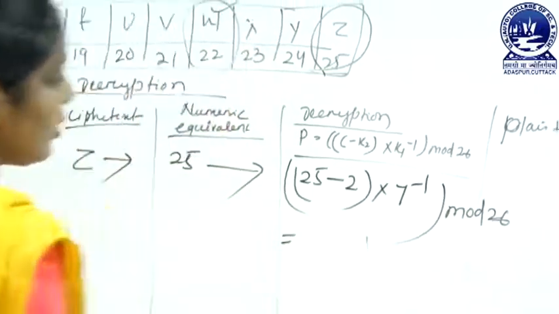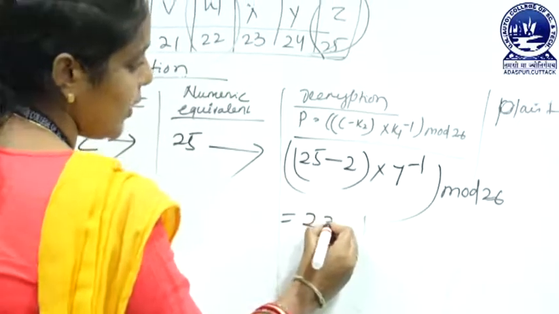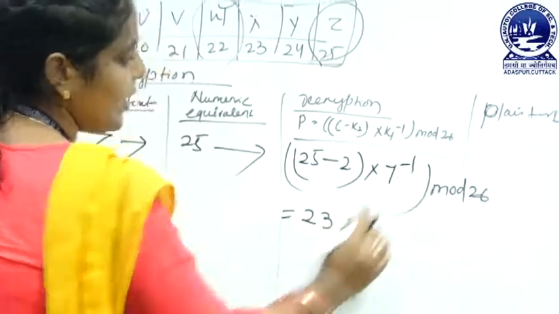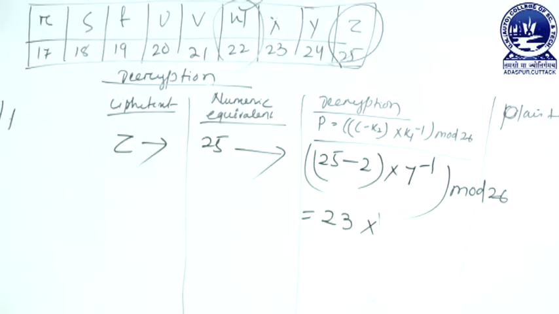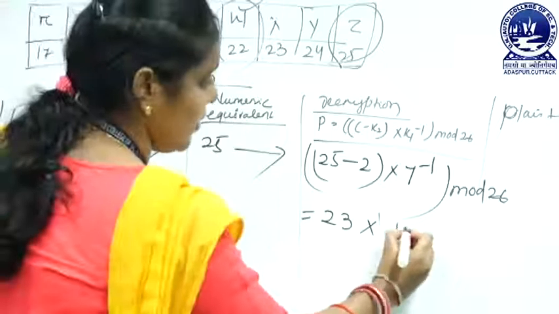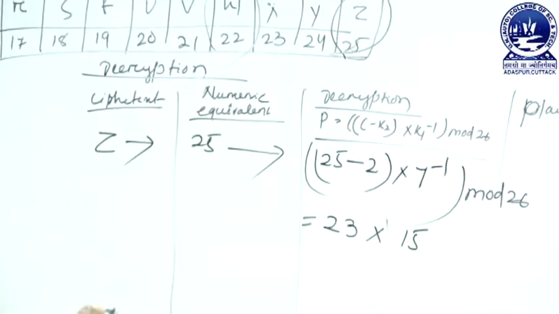That is equal to 25 minus 2, that is 23, into 7 inverse, meaning the multiplicative inverse of 7, that is equal to 15, which I have already discussed in my previous video.